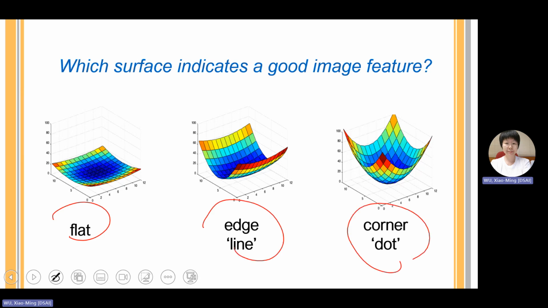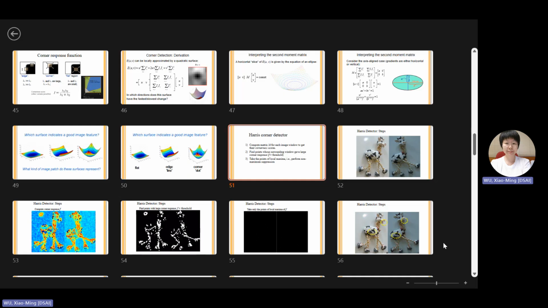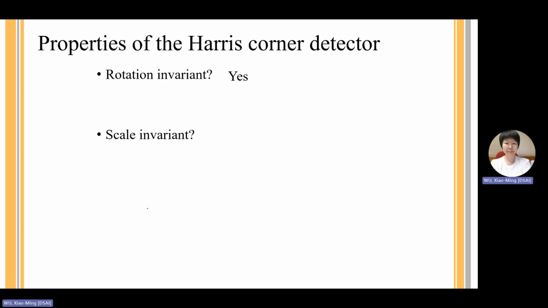I'll just leave them for your reference. Now, we have shown the Harris corner detector is rotation invariant. Rotation is one geometric change.